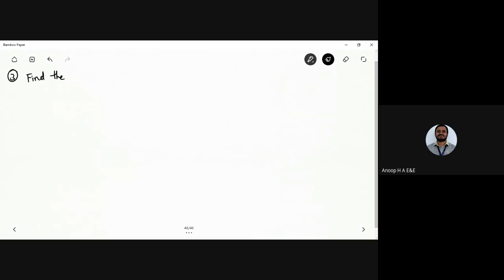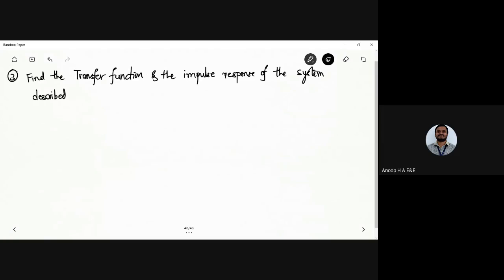Find the transfer function and the impulse response of the system described by the difference equation.